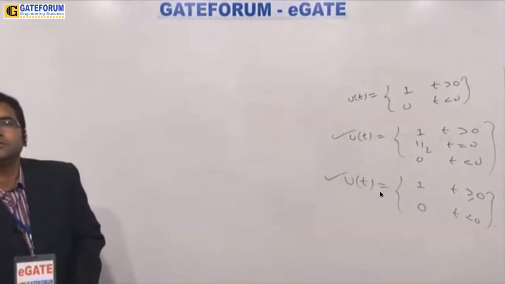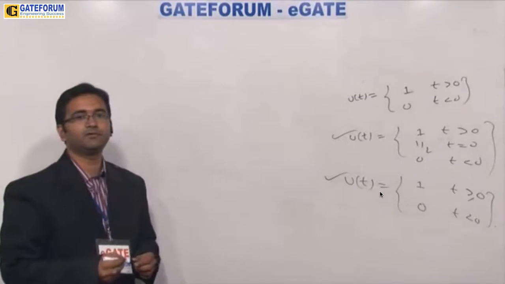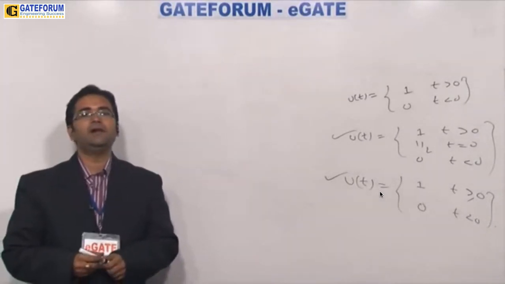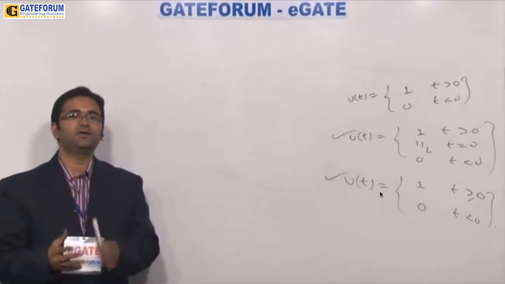Monica from Delhi asks, sir, please draw or explain how to draw x of 3t plus 2, x of 0.5t plus 2 for any x of t. Until and unless x of t is known, how can I draw that?